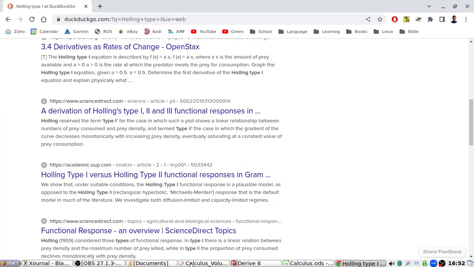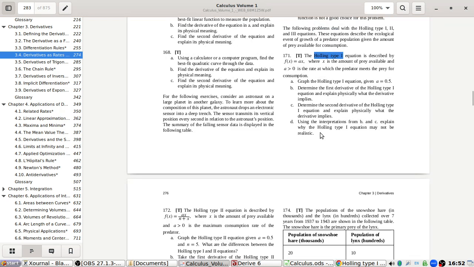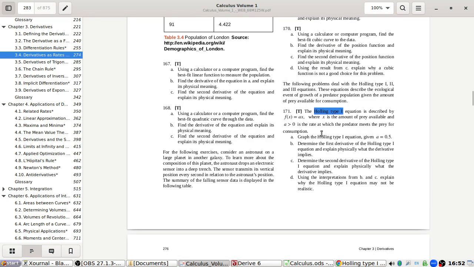I don't particularly have a biology interest, but A is the maximum consumption rate. Yeah, so that's definitely, should that be less than 1? Or it's prey consumed per predator? Really bad.